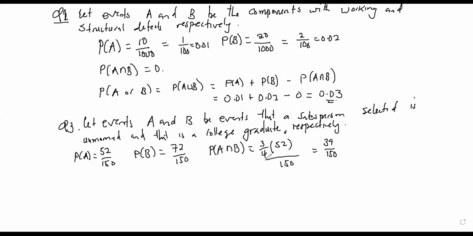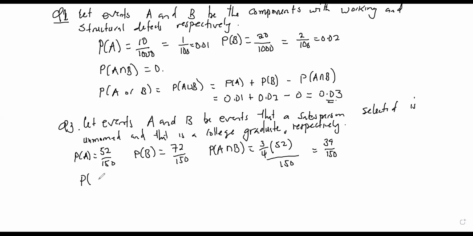Now we're looking for the probability that the person picked is neither unmarried, nor a student.